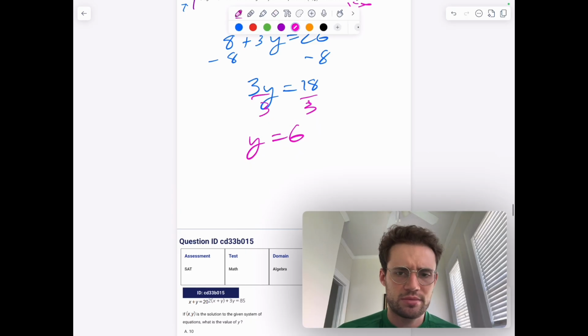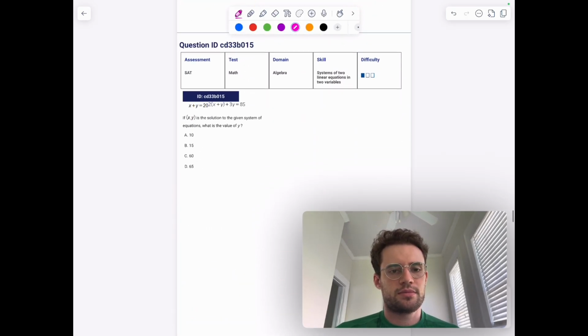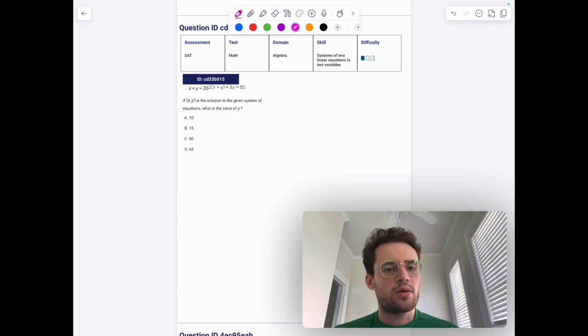Let me actually rewrite that so it doesn't look like negative 6. All right, there we go. x plus y equals 20, and 2 times x plus y plus 3y equals 85. No, I think those are supposed to be two separate equations. This formatting is even arguably worse than the other ones.